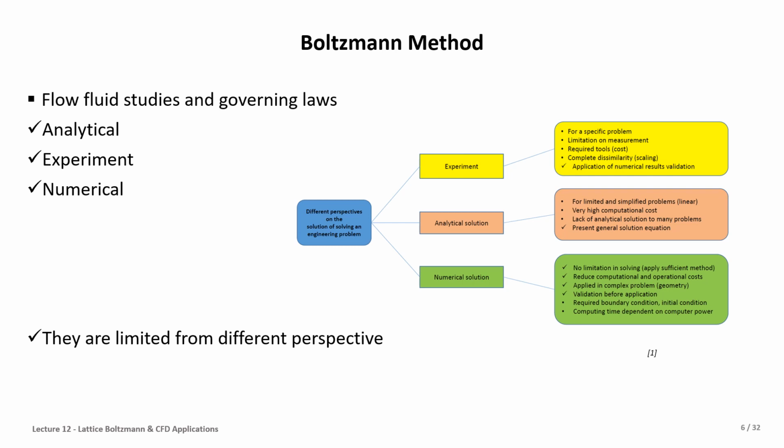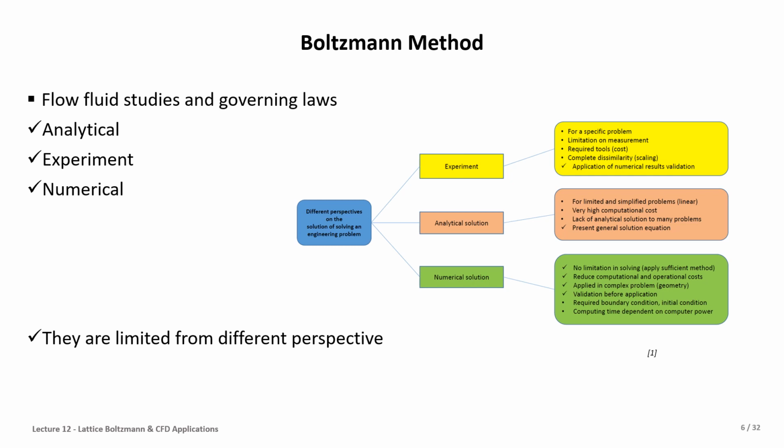Regarding the lattice Boltzmann, let's revisit the first discussion we had in the introduction about CFD. We said in computational fluid dynamics we have three methods usually used based on the fluid studies and governing laws: experiments, analytical solution, and numerical solution.